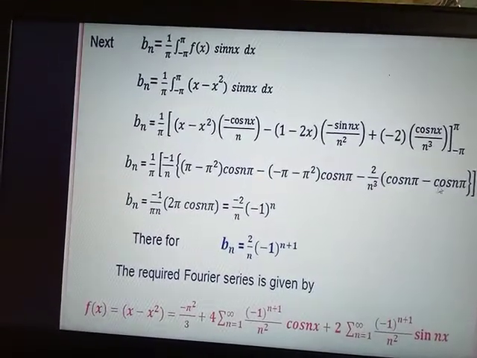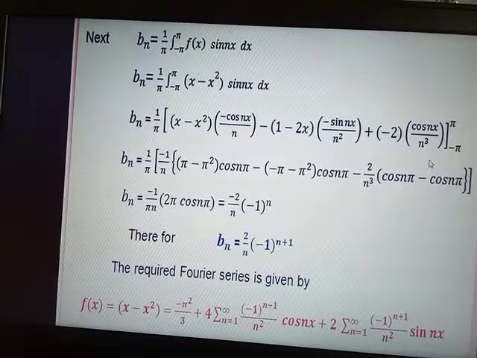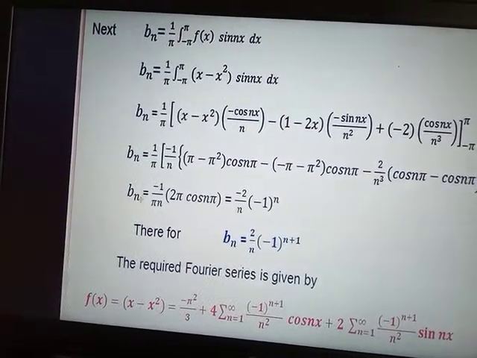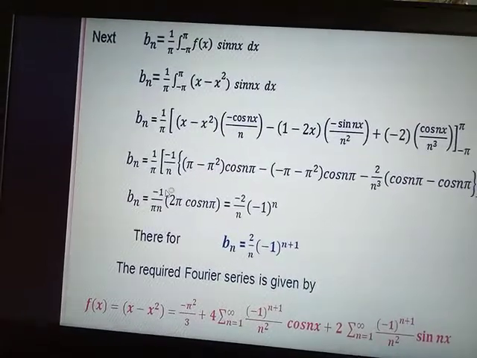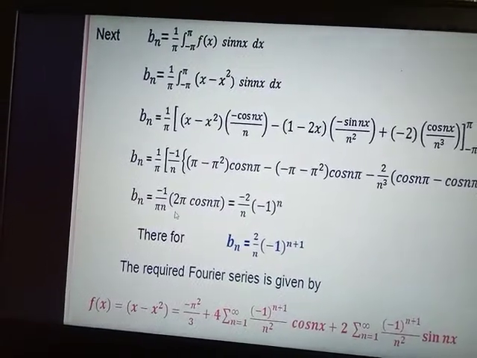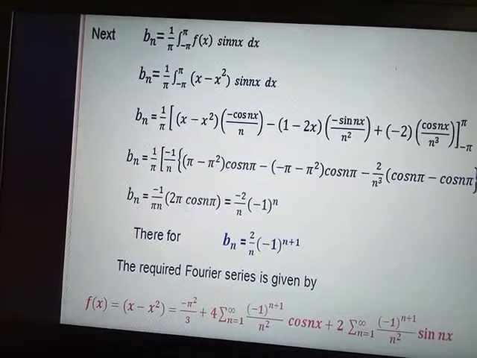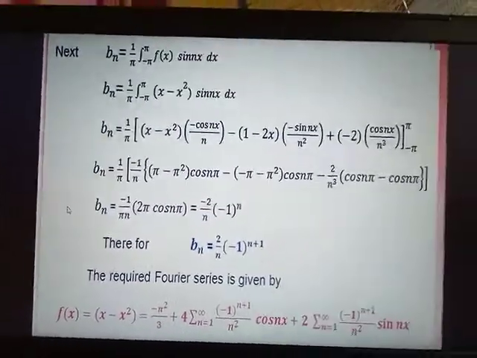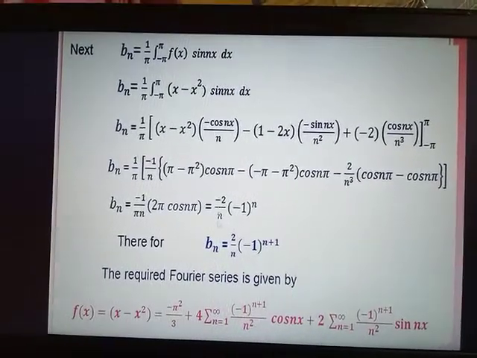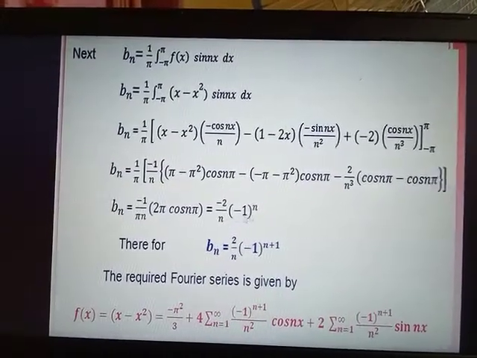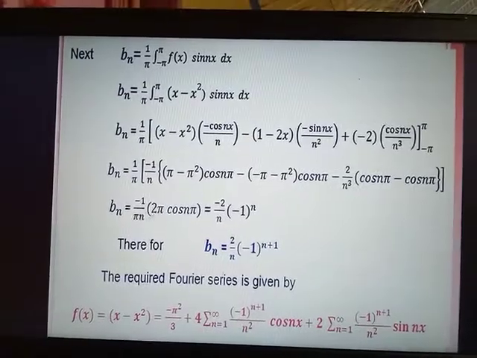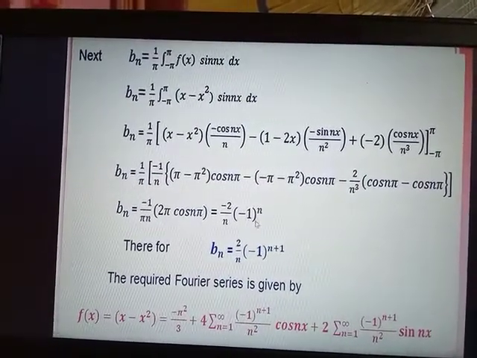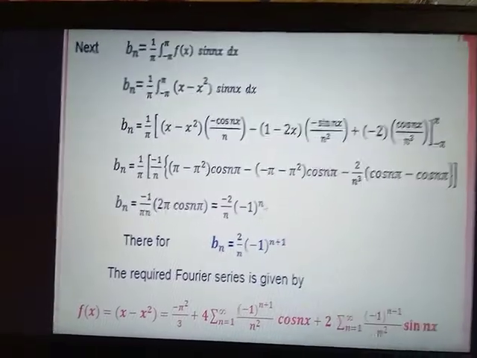See here, cos n pi minus cos n pi will be 0. Therefore, after simplification we get bn is equal to minus 1 by pi n into 2 pi cos n pi, which is equal to minus 2 by n into minus 1 raised to n, because this pi cancels with the denominator pi and the cos n pi value is minus 1 raised to n.